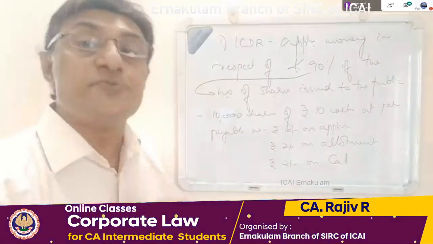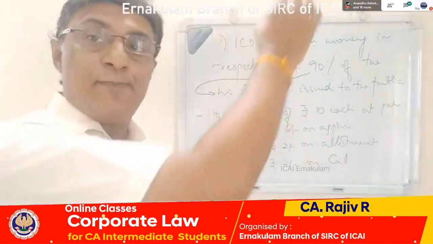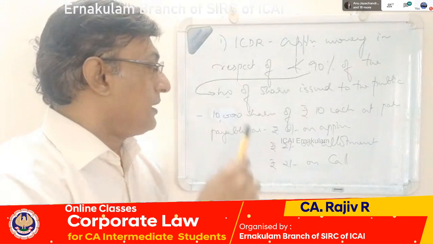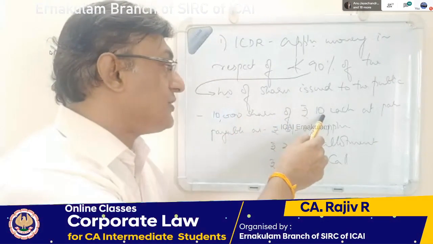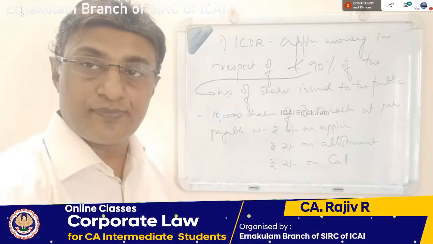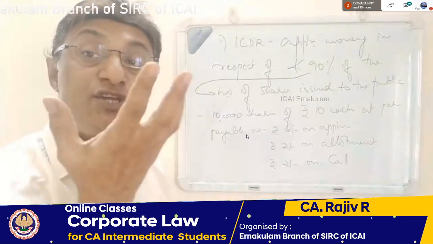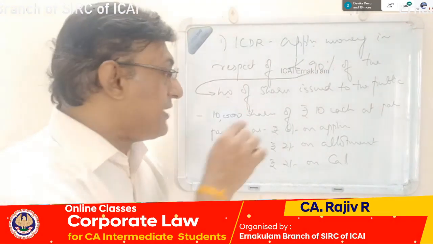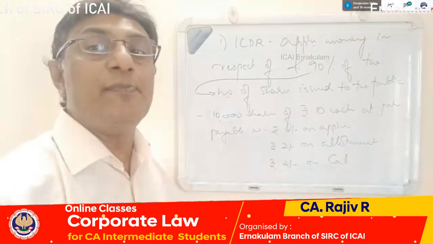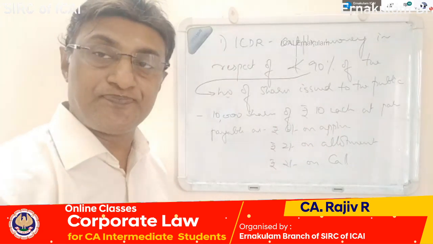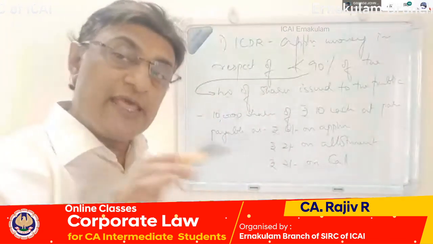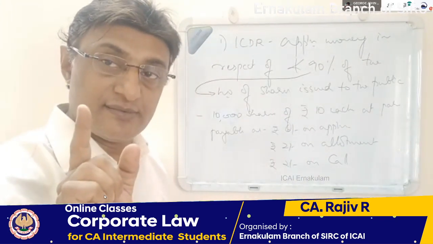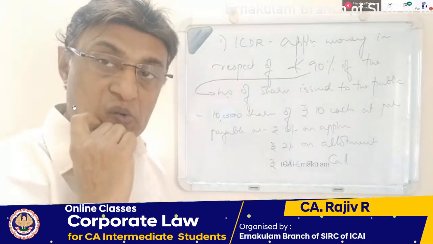Now here, what is minimum subscription according to ICDR? Let us apply the principle. Let us apply the rule. 10,000 into 10 is 1 lakh. 1 lakh is called the issue size. But remember, 10 rupees is not payable immediately when you make the application. When you make the application, unless it is book building, you are experts on book building.